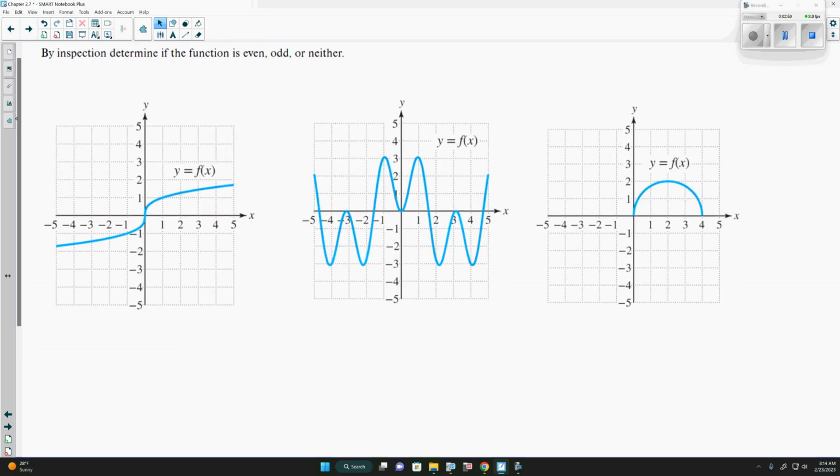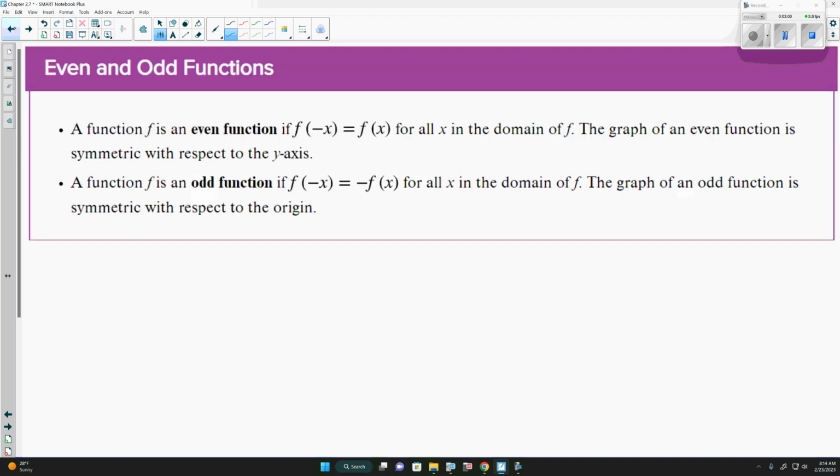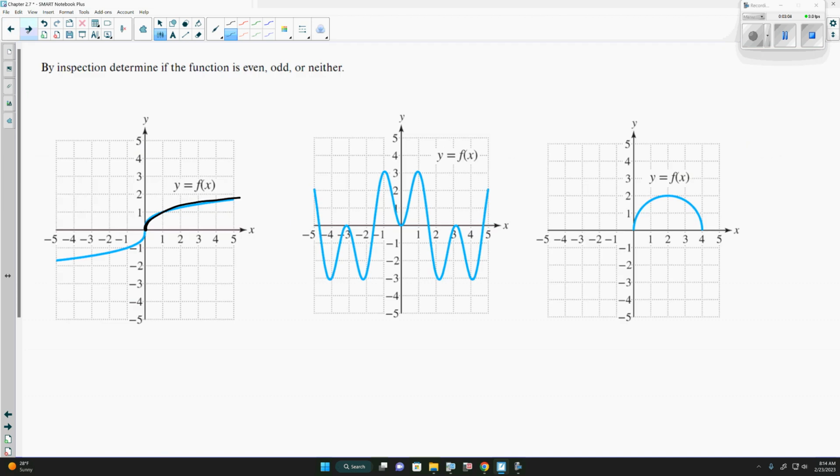And that is true with even and odd functions, because a function is considered odd if it is symmetric with respect to the origin. So what we're saying is, let me do this, flip left to right.